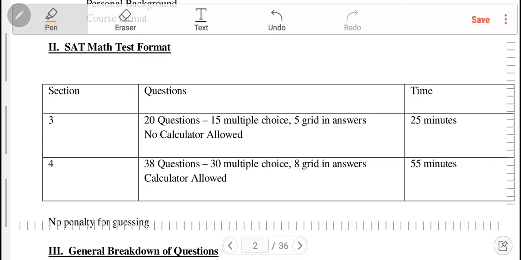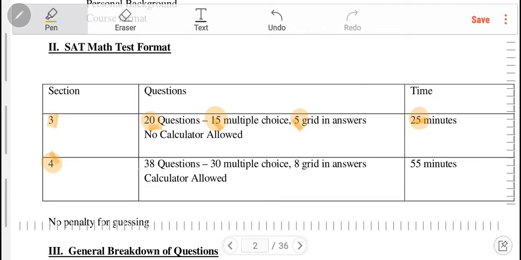SAT math test format: the SAT exam contains 4 sections. 1 and 2 are for English, 3 and 4 for mathematics. Section 3 contains 20 questions, 15 of them multiple choice and 5 grid-in answers, in 25 minutes.